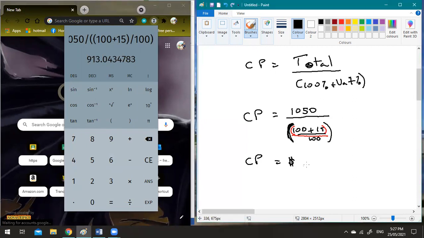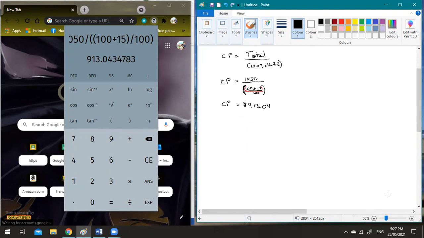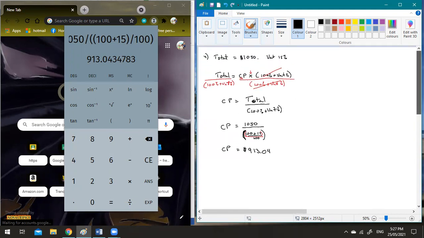So the cost price of the item would have been $913.04, because the value after the second decimal place is 3, which is less than 5, so leave the 4 alone. And that's your answer there. So that's how you rearrange the formula to find what you're looking for.